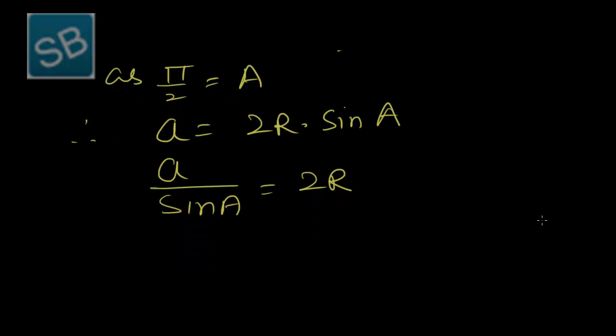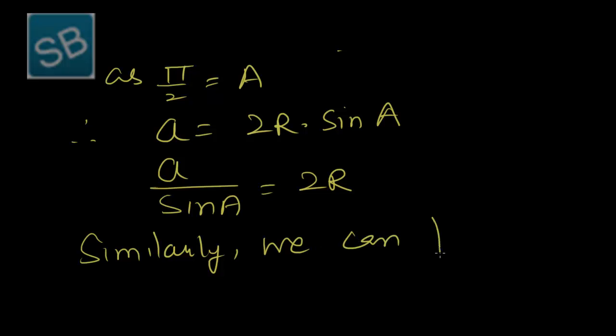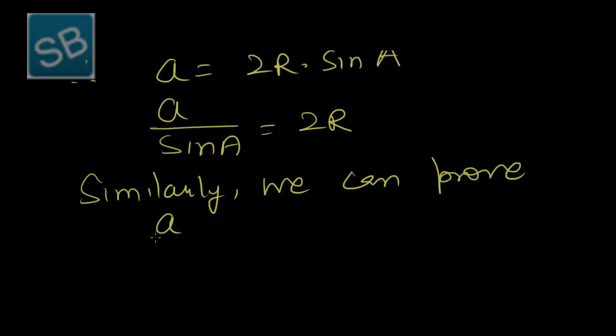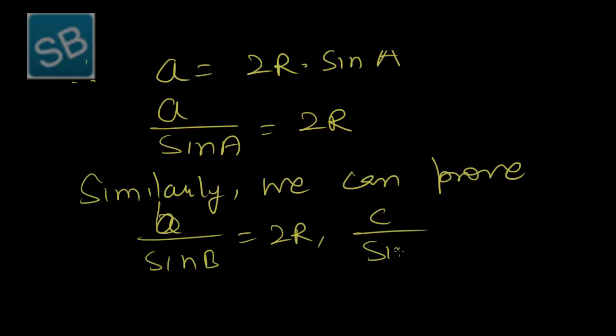Similarly, we can prove B over sine B is equal to 2R and C over sine C is equal to 2R.